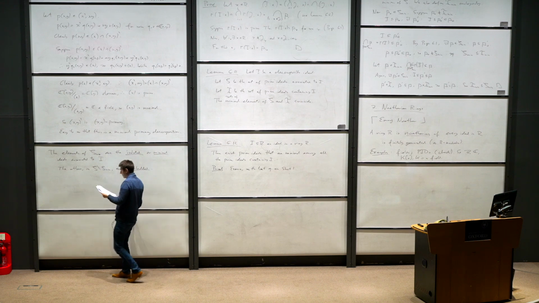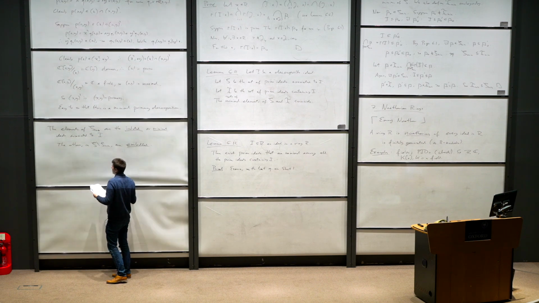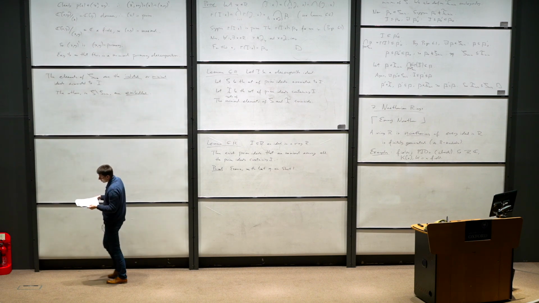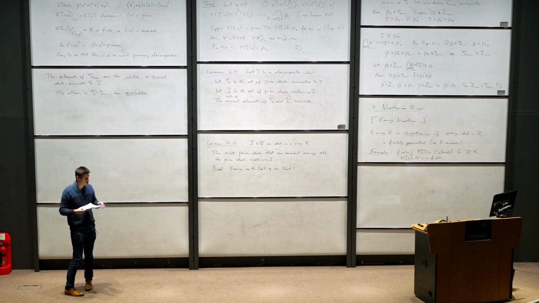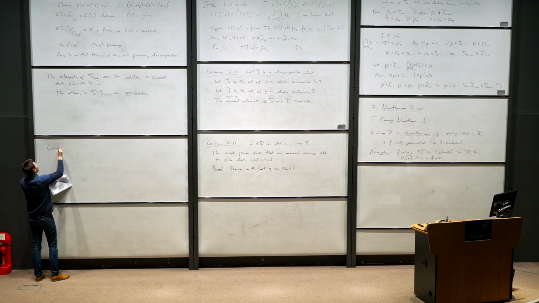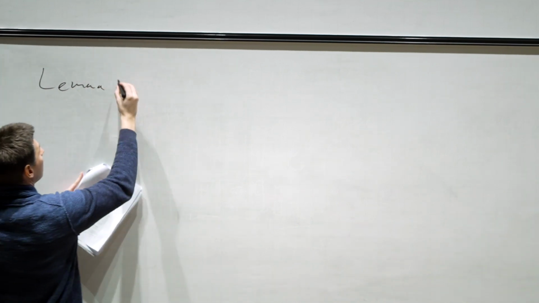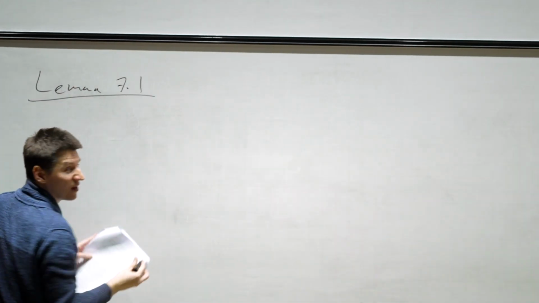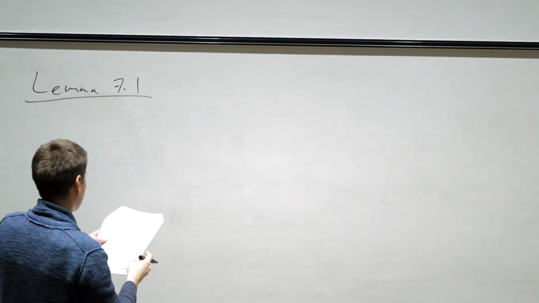First lemma. The definition I gave you of noetherianity is not the usual definition. We are going to do a lemma which will give you the usual definition and show it's the same as the one I gave. The one I gave is easier to state, but this is the real definition.